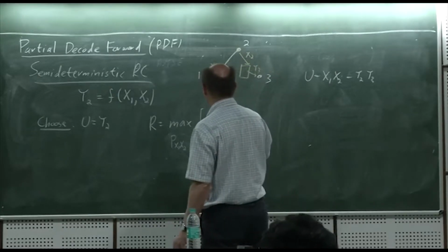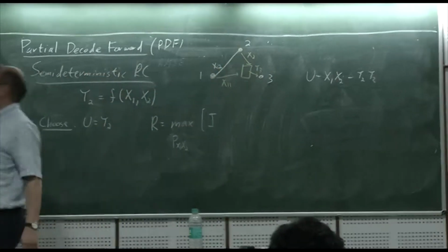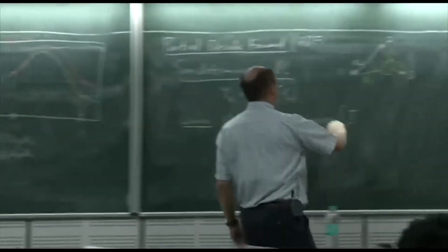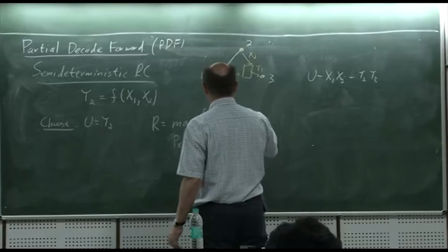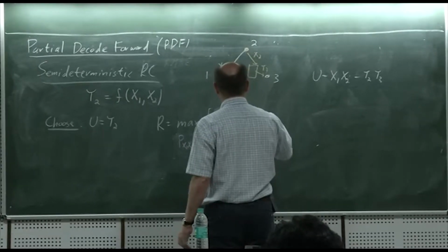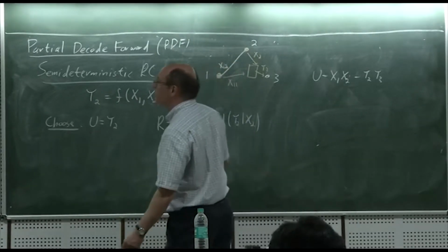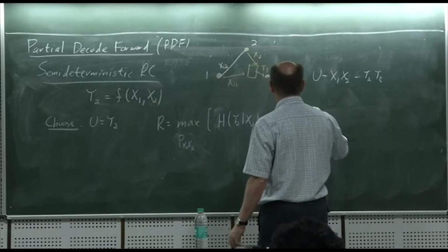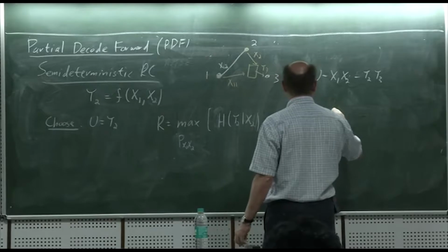Well, I of Y2 given X2, that's just going to be the entropy, plus I of X1; Y3 given X2, Y2.